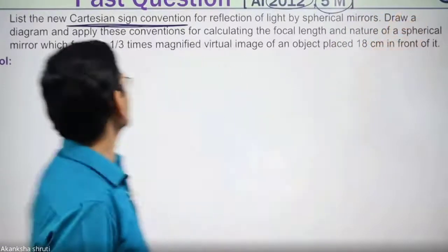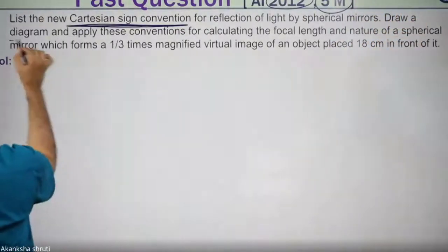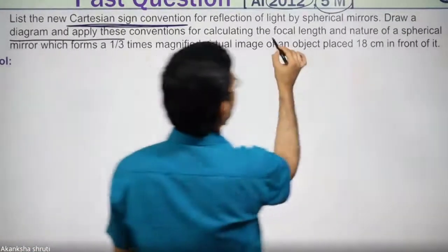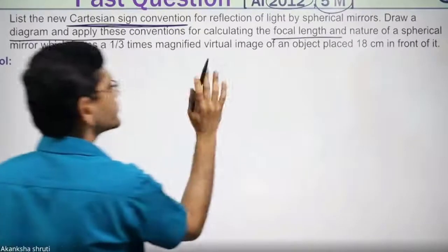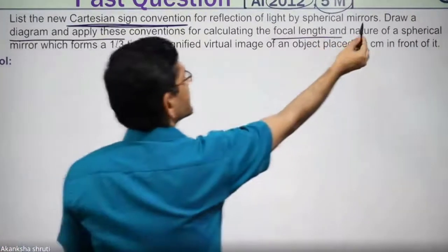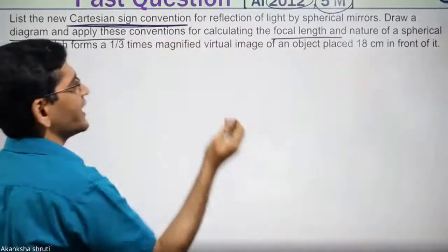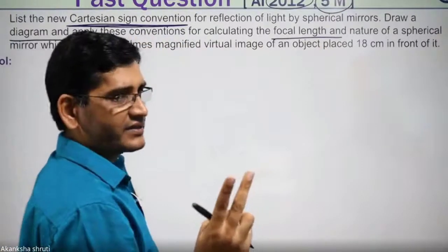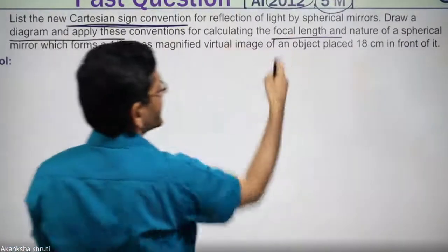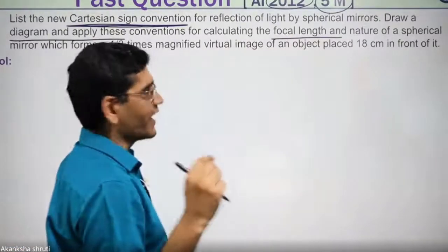The next part is draw the diagram and apply this convention for calculating the focal length. You have to draw the ray diagram also. Writing this sign convention will carry 2 marks. Then drawing the ray diagram will carry 1 mark.